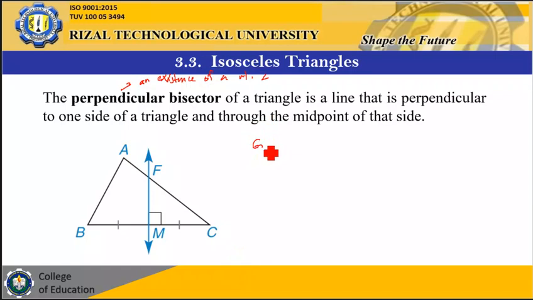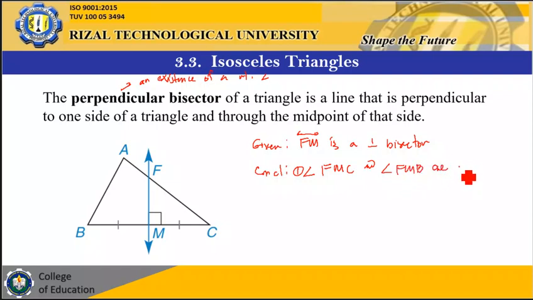Given that line FM is a perpendicular bisector, we can conclude, number one, that angle FMC and angle FMB are right angles.